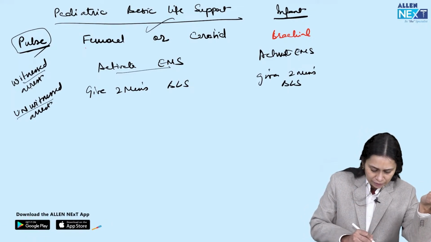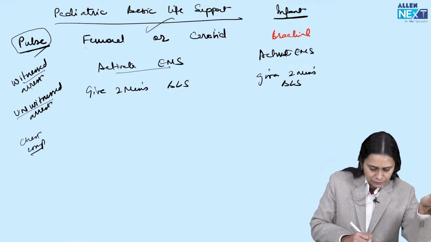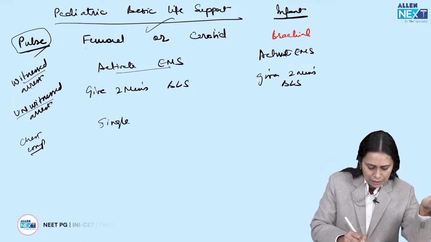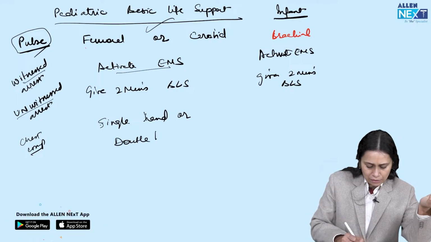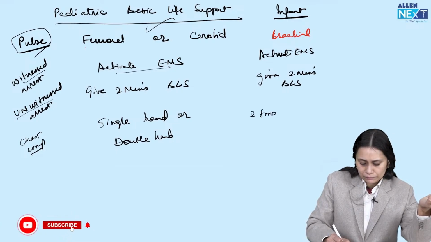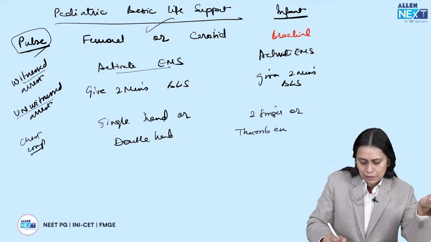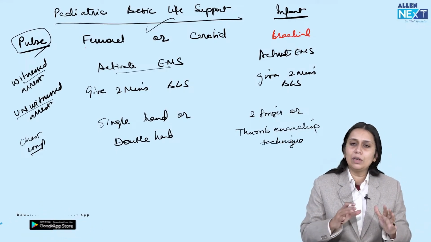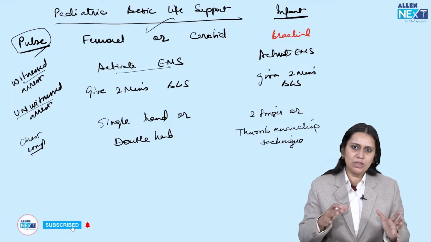So in pediatric, it is single hand or double hand. In infant, it is 2 finger or thumb encircling technique. Right? So this is how we manage a pediatric patient gone into cardiac arrest.